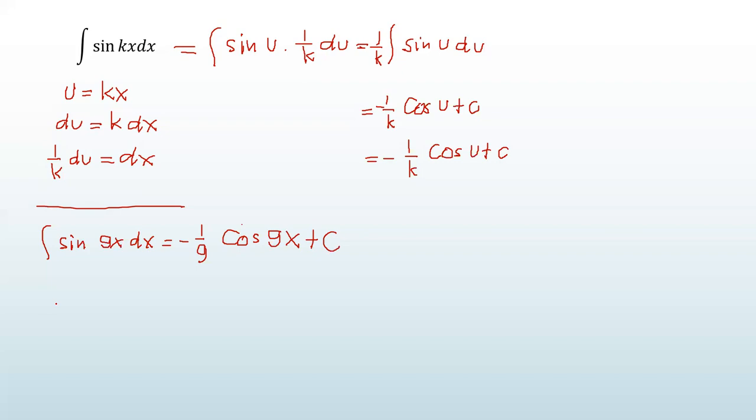Or, for example, the integral of sine 2x dx. The solution is negative 1/2 cosine 2x plus c. Okay, simple, I think.